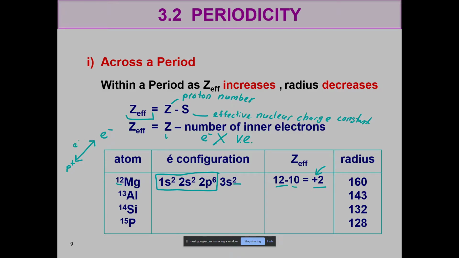So elektron yang dekat sini, dekat sini, dekat sini, this electron also dah guna sikit this attractive force. So that's why kita kira berapa banyak proton yang ada dalam ni, kita tolak dengan the amount of electron yang in between the valence electron. That's why kita dapatkan Z effective.